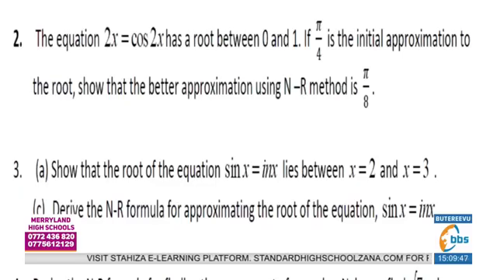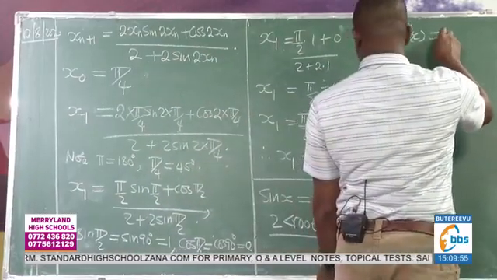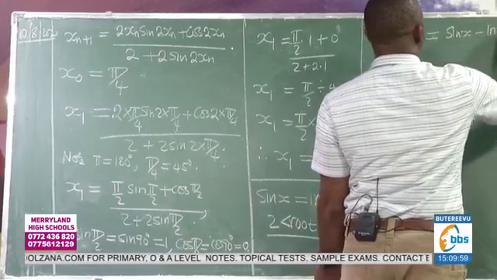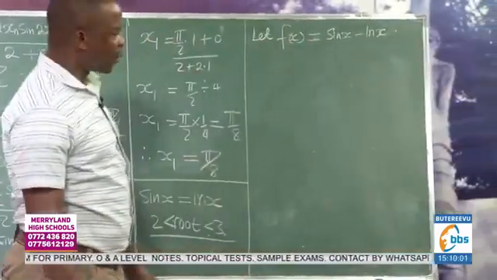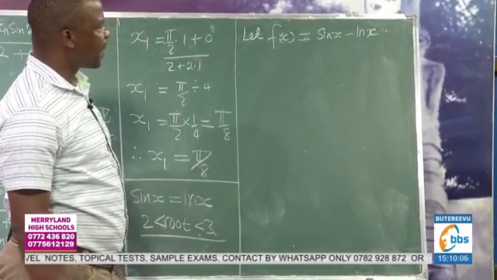We shall let the function that we generate from here by taking this on the left-hand side be equal to the sine of x minus the ln of x. That will be our function, sine of x minus the ln of x.